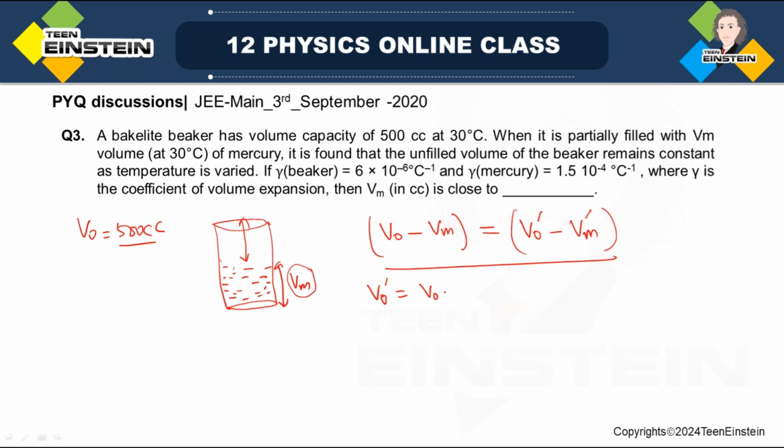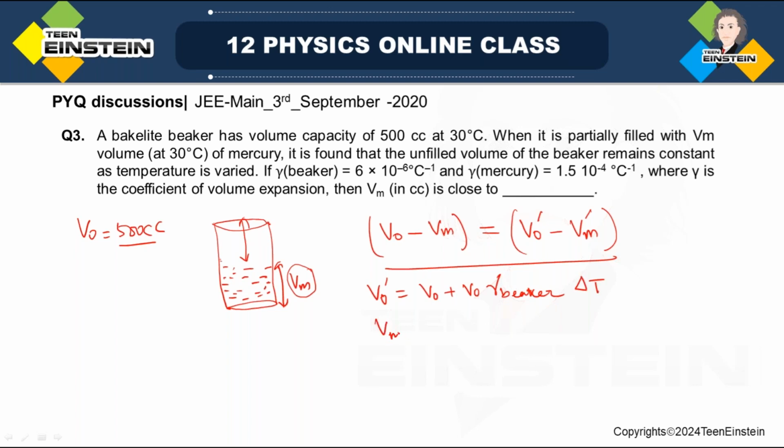So this will be the equation. V0 prime is given by V0 plus V0 into gamma beaker into delta T, the change in the temperature.